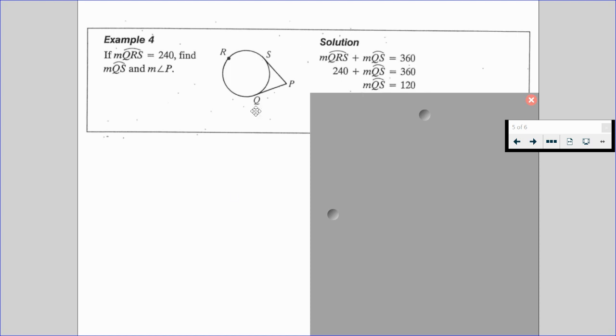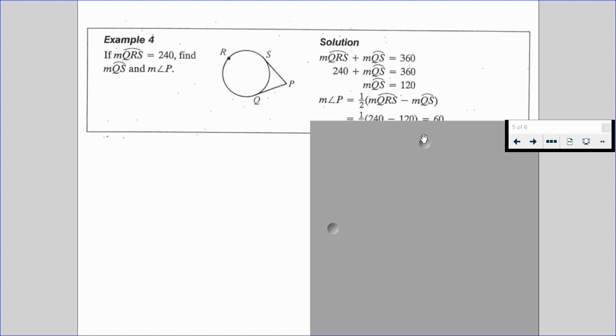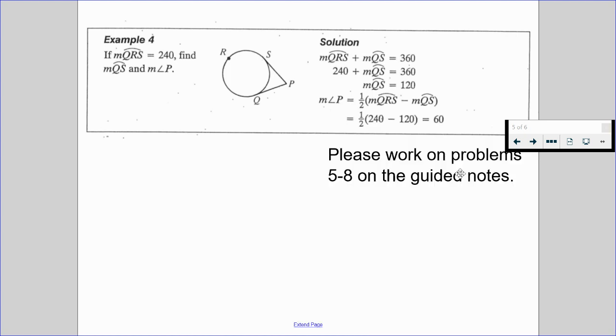Knowing this, and that we have a major arc and a minor arc and our angle is outside of our circle, the measure of angle P is going to be equal to half of the difference between the two. So we have 1/2 times 240 minus 120, which is 60, and that is our answer. With this in mind, please work on problems 5 through 8 on the guided notes and resume when you're ready to move forward to a summary.